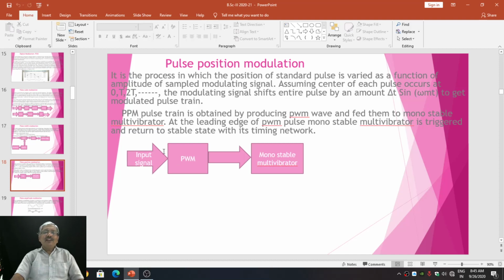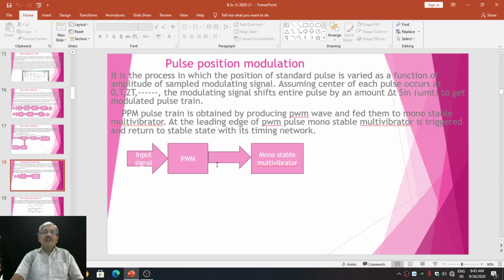Now the sampled signal to be modulated is given to the pulse width modulation circuitry. The role of the pulse width modulation circuitry is that as the instantaneous amplitude of the modulating signal or sampled signal varies, either the leading edge or trailing edge or both are changed so that the width of the pulse is varied.